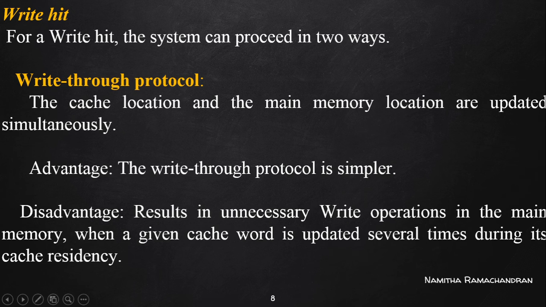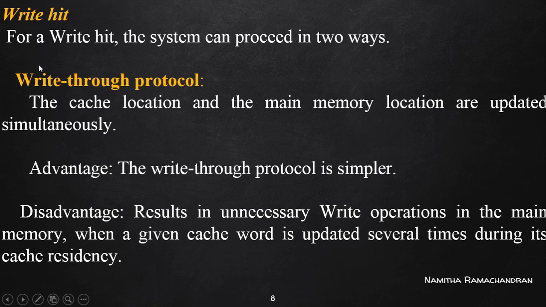Write hit means the processor is requesting to perform a write operation over a particular memory word, and if that particular memory word is available in our cache memory, that causes a write hit situation. So in order to manage this write hit, we can complete that write hit operation using this write through principle. What is this write through principle?